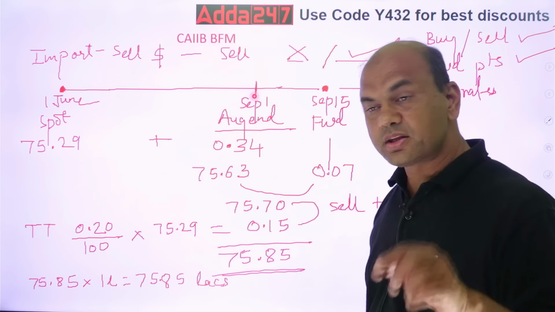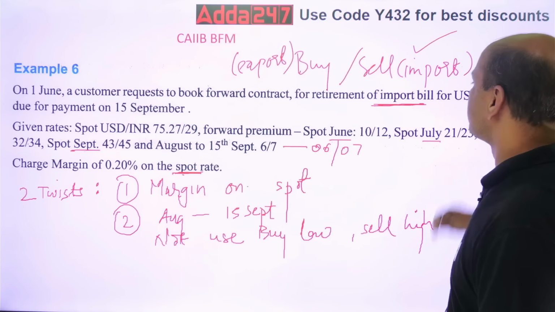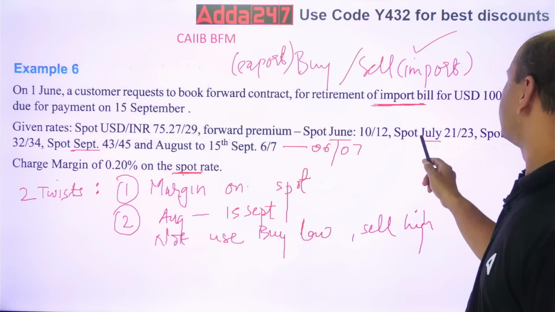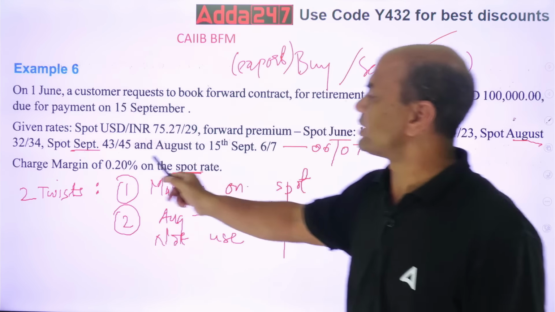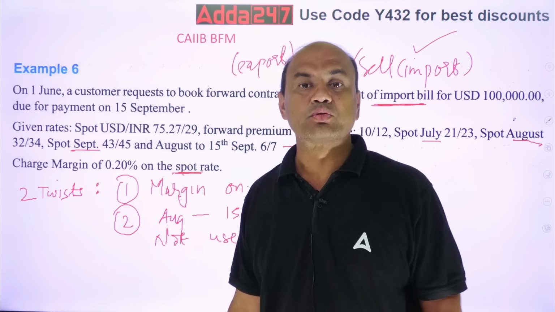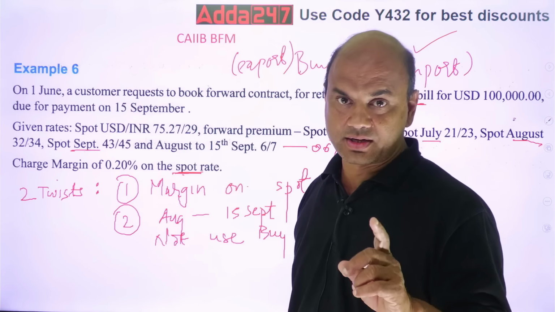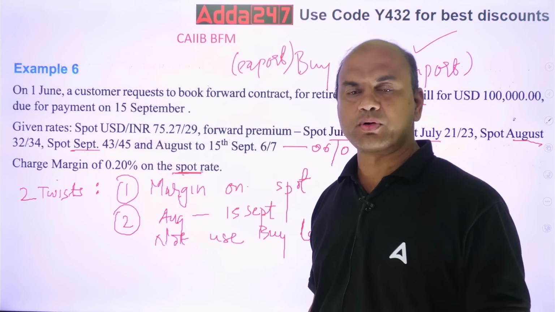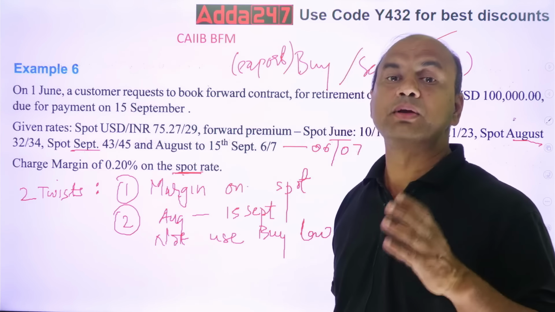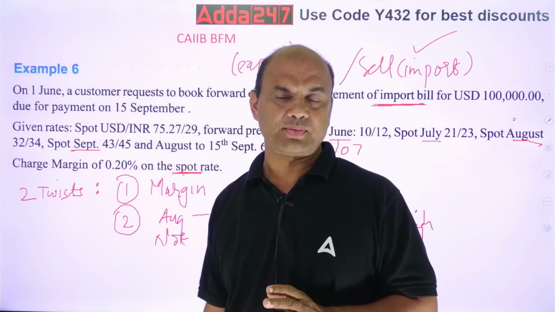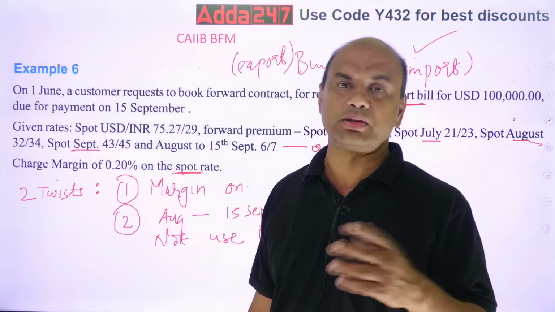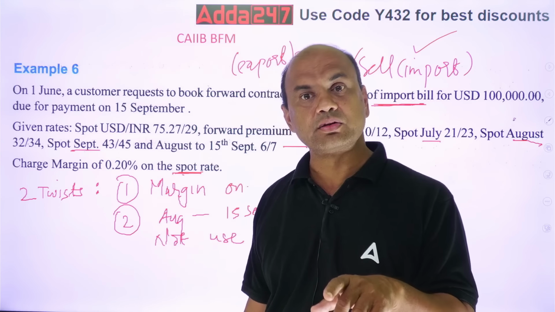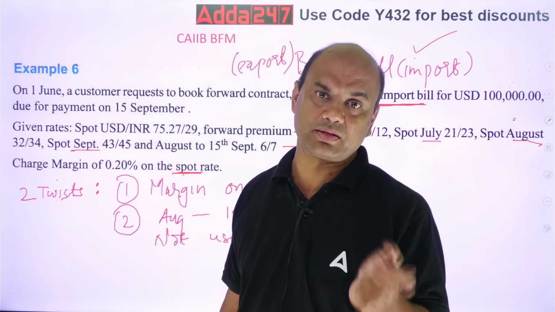Now, one thing you note: if you look at the rates given over here, the spot of June is given, July is given, August is given, and September is given. So I now want the September 1 rate. Kindly note one point: whenever you want the beginning of any month, the rate is of the earlier month.